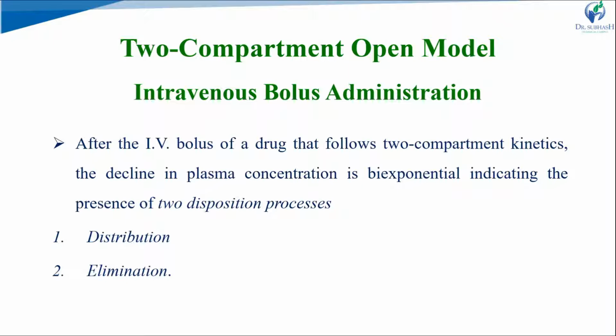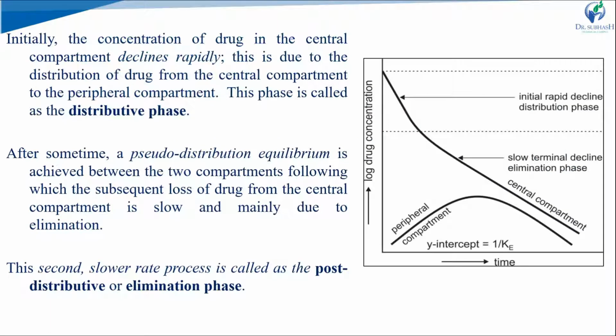These processes are not evident on regular plots. When we use a semi-log plot of concentration versus time, we can identify the distribution and elimination phases. In the graph of log concentration versus time, we see two patterns for the central and peripheral compartments.